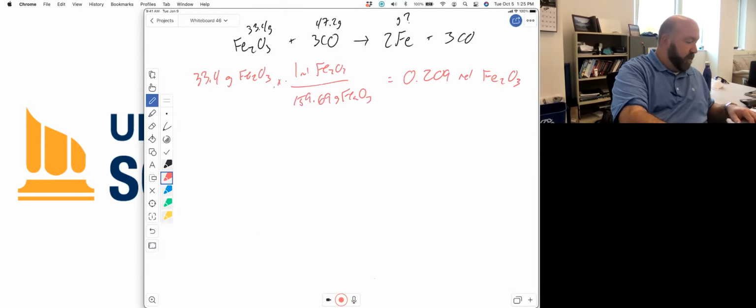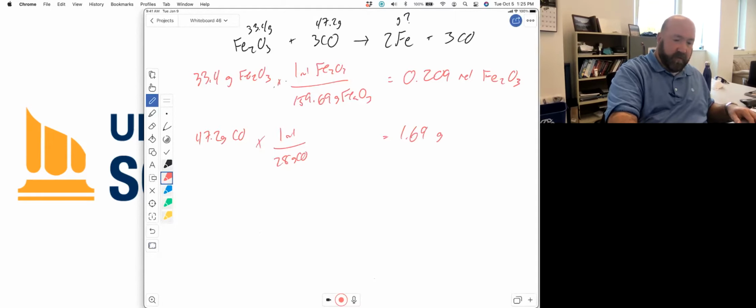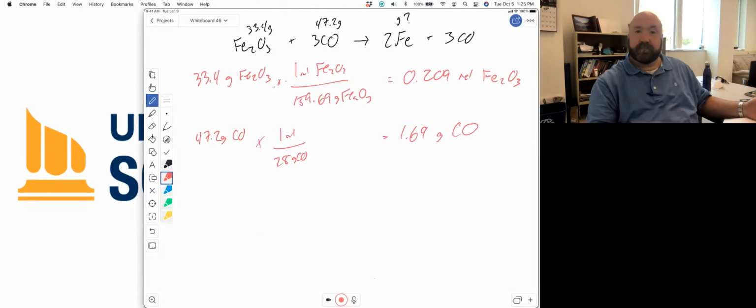Do the same thing with our carbon monoxide, 47.2 grams, and we can see that we're starting with 1.69 moles of the carbon monoxide.